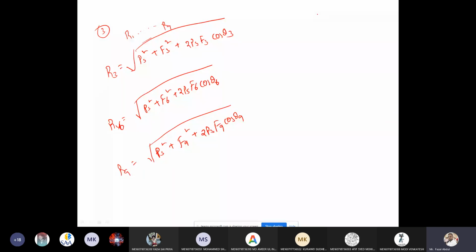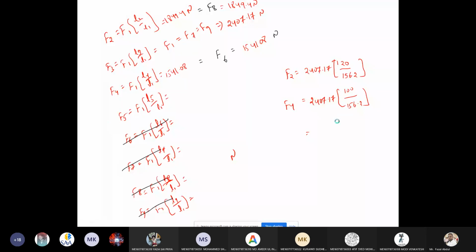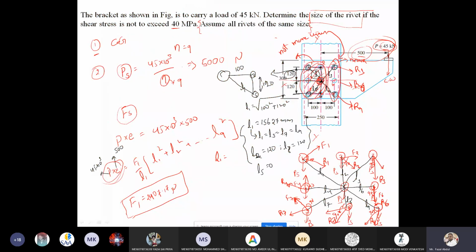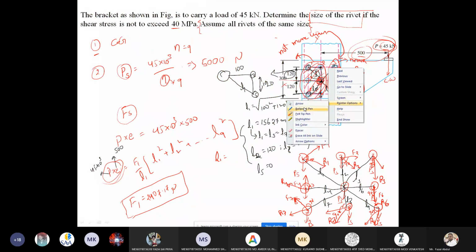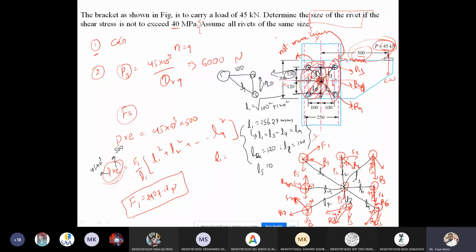Now what is cos theta 3? This we already drew in the previous case figure. If you draw this as a right triangle, here theta 3 is indicated, in the same manner as the first one. So separately I'm drawing: this is the third rivet, this is the fifth rivet, and this is the second rivet. Now this is theta 3, so I am calculating cos theta 3.